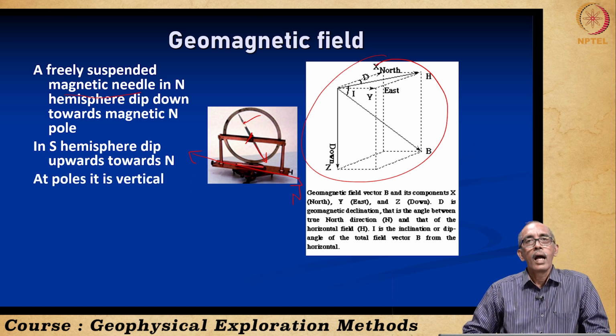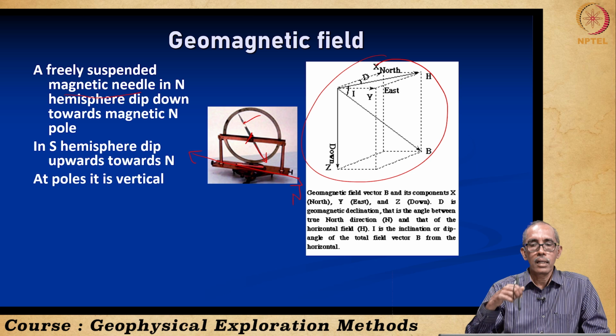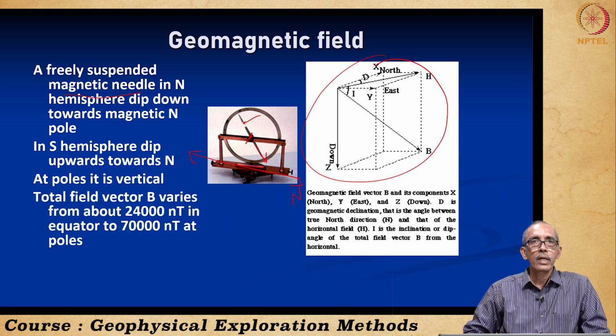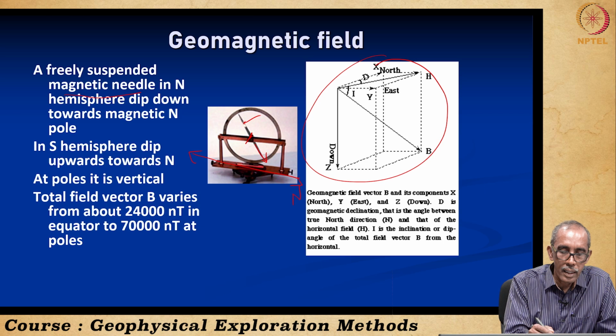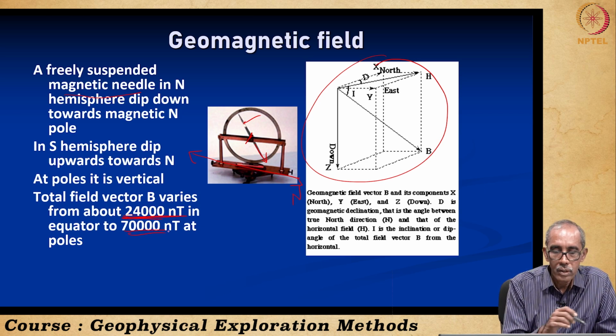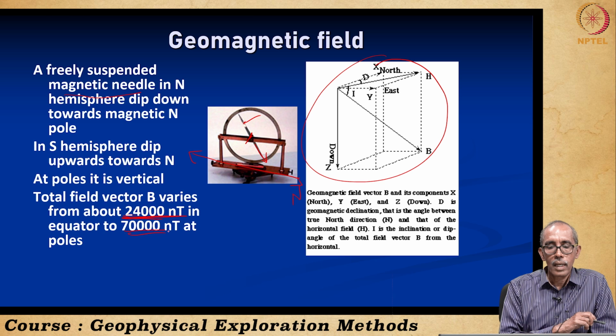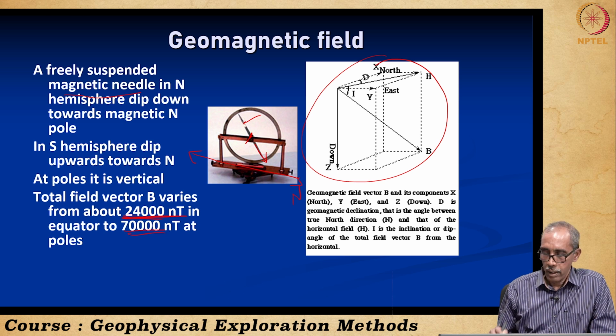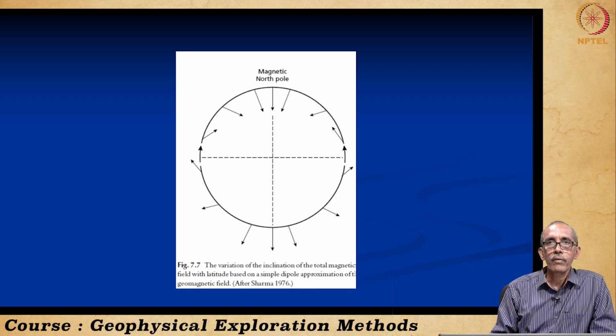At the pole, the needle will be vertical. How about at the equator? At the equator, it will be horizontal. We had already seen the total field vector will vary from 24,000 to 70,000 nanotesla. Let us see how it will vary.